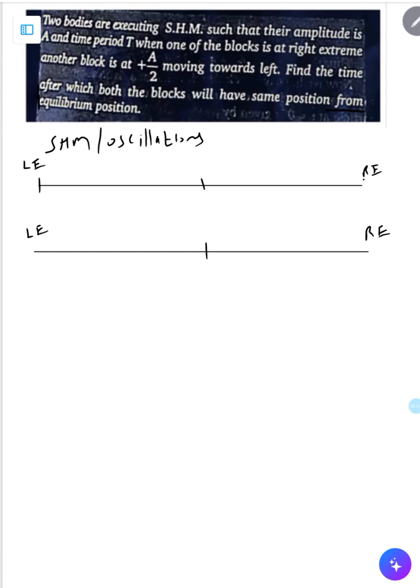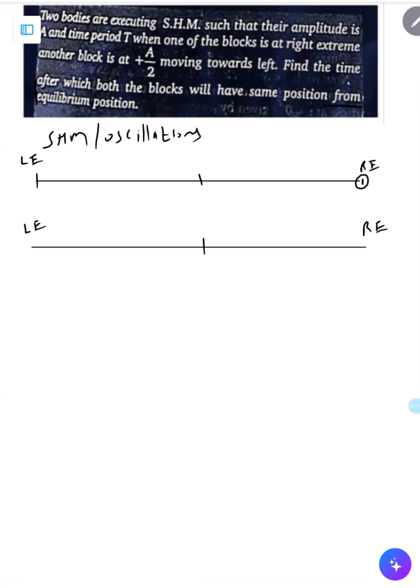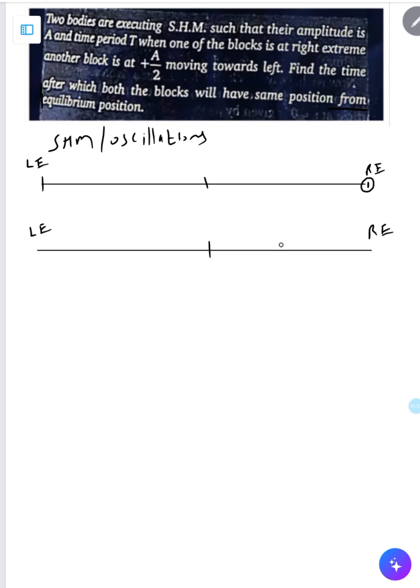So where is particle 1? Particle 1 is here. Where is particle 2? This is the position of particle 2. We'll just indicate like this. This is 1. This is 2. Fine.